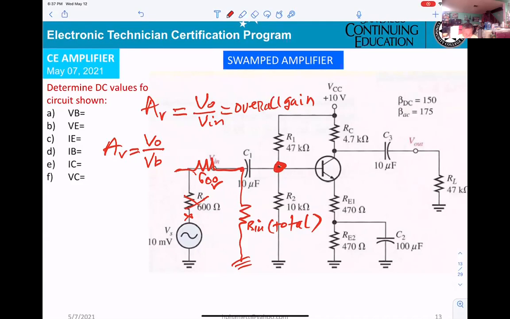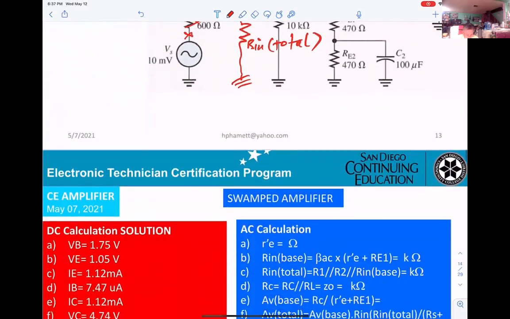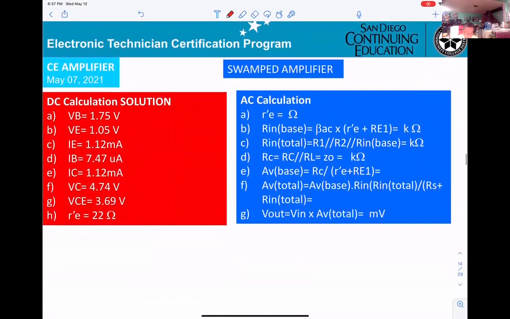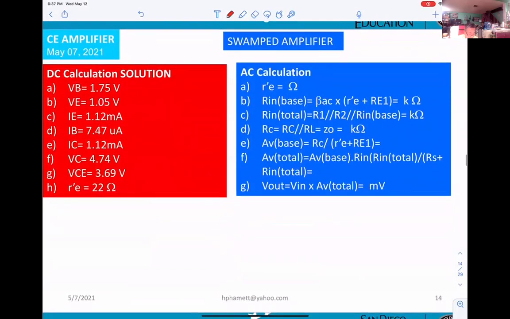Next week, I will be doing the calculation for you, okay? However, this is the calculation I can give you up to this time. For DC calculation, we already did the answer.